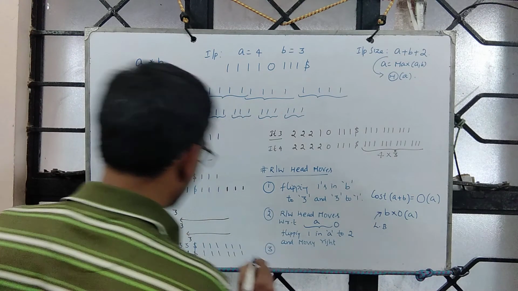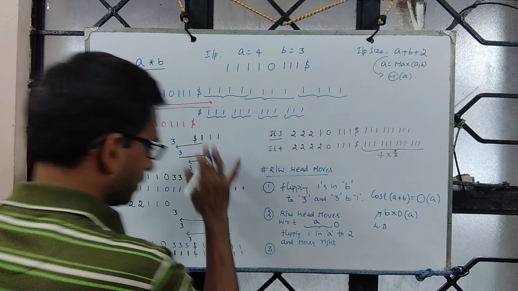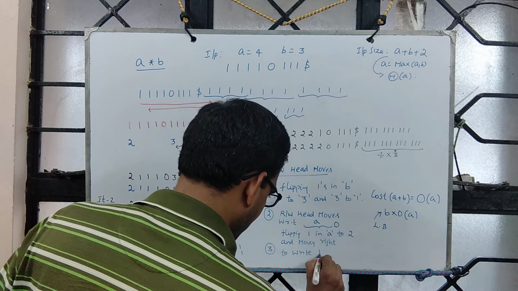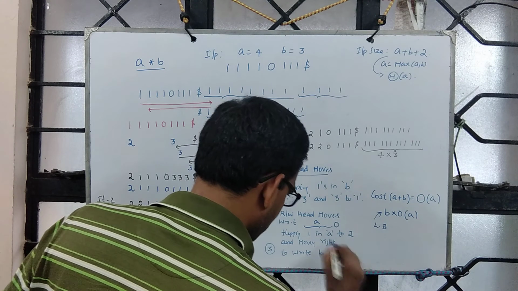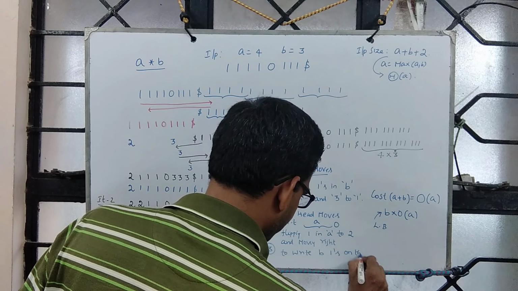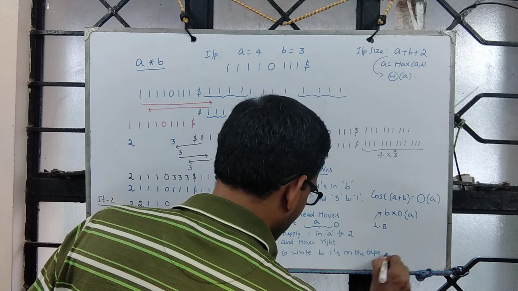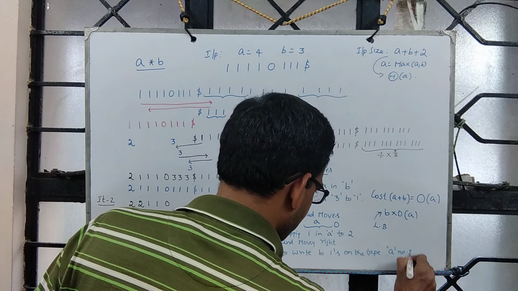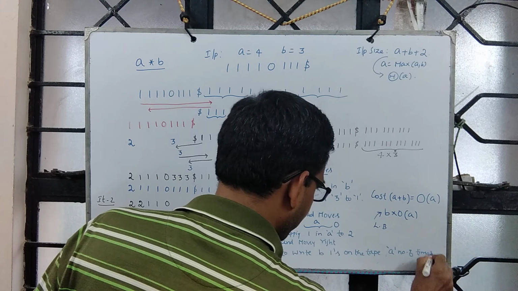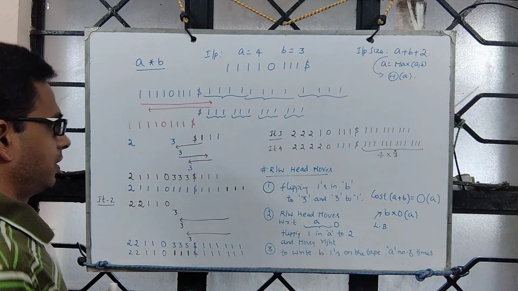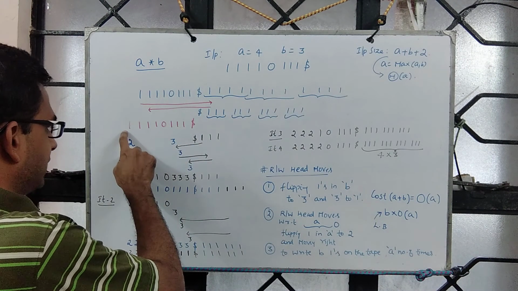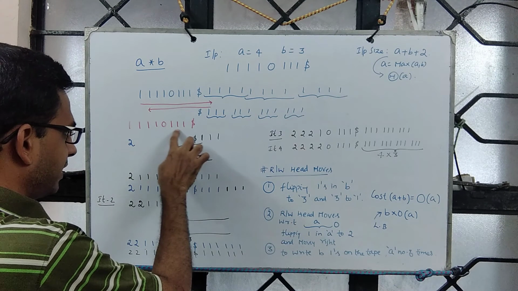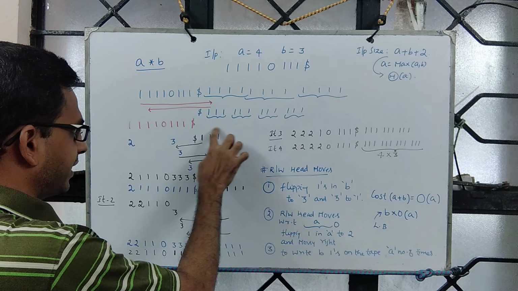Third is number of read-write moves to write B once on the tape, how many times? A number of times. So we scan this, then I start scanning this part, then I start writing.